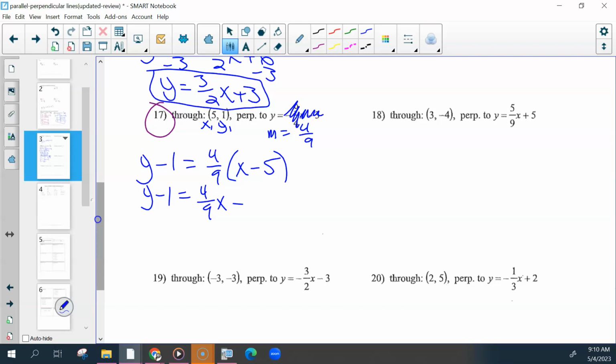In your calculator, multiply 4/9 and negative 5. See if you're going to end up with a fraction or decimal.